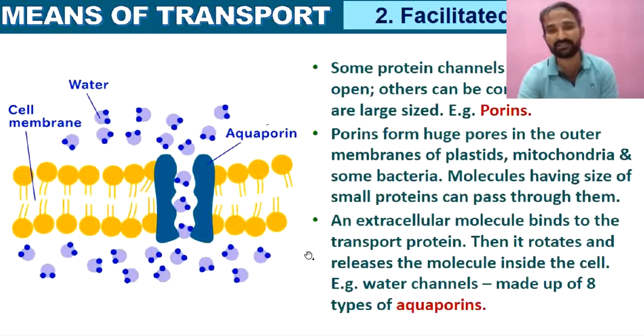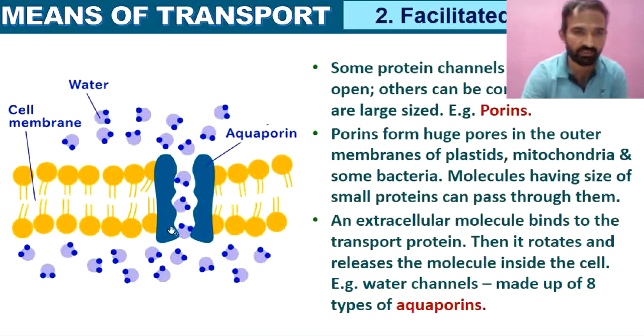Here the extracellular molecules bind to the transport protein, and then it rotates and releases the molecules inside the cell. It is a protein present in the cell membrane, and this membrane protein is attached to the water molecule, and when it rotates, the water molecules enter into the cell. Here the water molecules are more, and here is the cell.